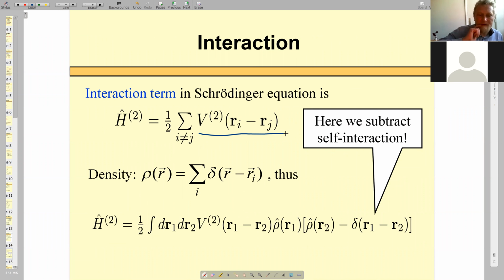And what I want to do with this, it's actually a sum over particle coordinates. Let me rewrite it in terms of the density. It just gives delta functions at the coordinates of the particles. Do you understand what I mean? It's a function which is a delta function at all particle coordinates, the density of the particles. So instead of summation, I can replace it with integration.